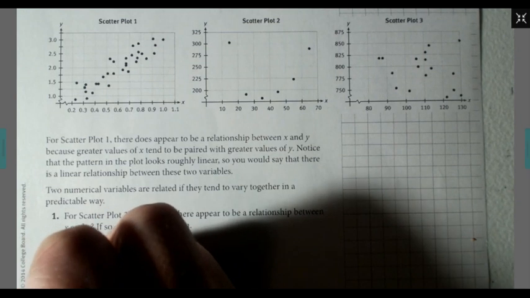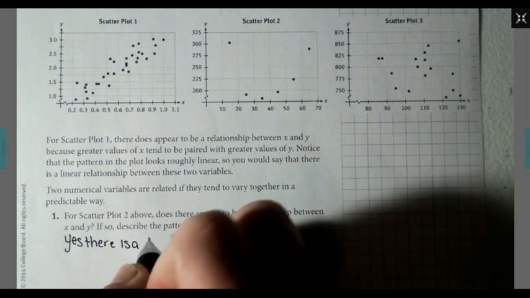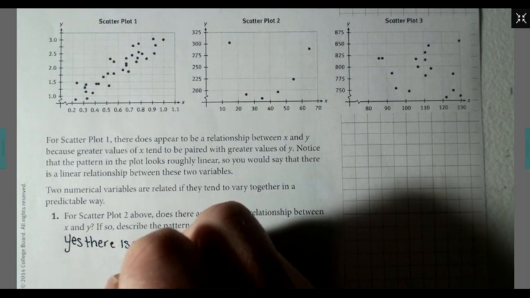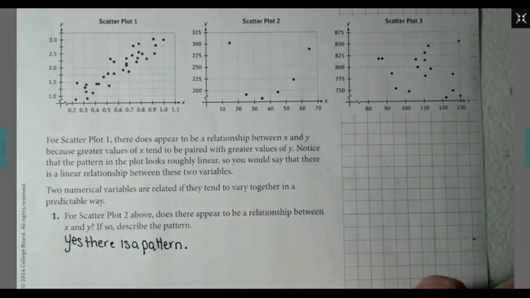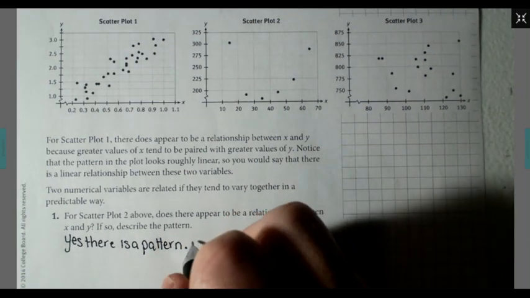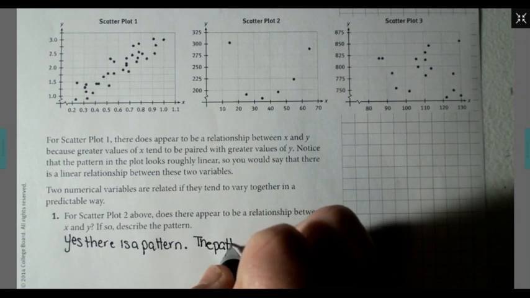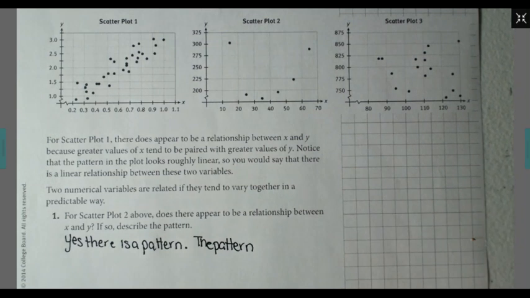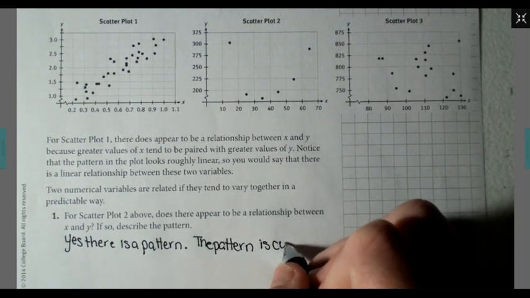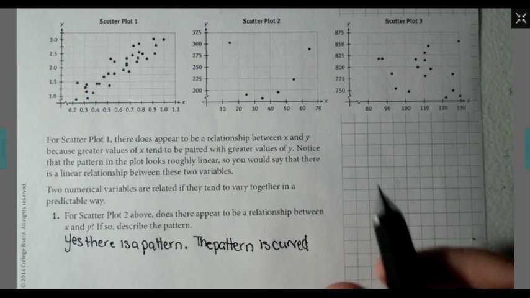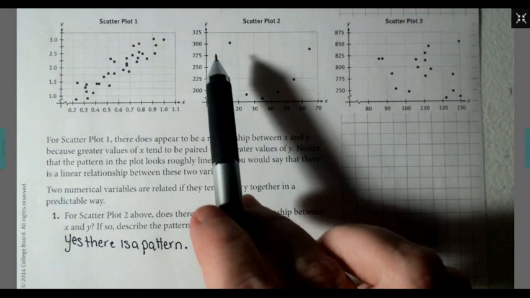Yes, there is a pattern. The pattern is not linear, but what? The pattern's curved. You can clearly see this defined U shape here.